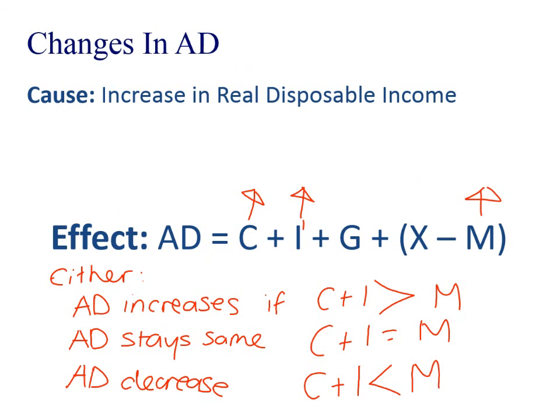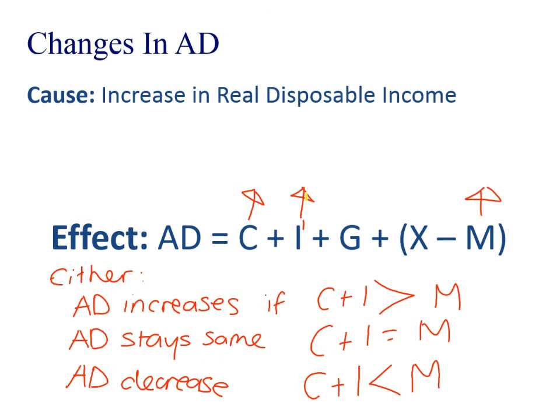Here we're just going to go through a few scenarios. So if you have an increase in real disposable income, what happens? Obviously C would increase. We'd imagine I might increase as well, because businesses might expand their production if they don't have any spare capacity.